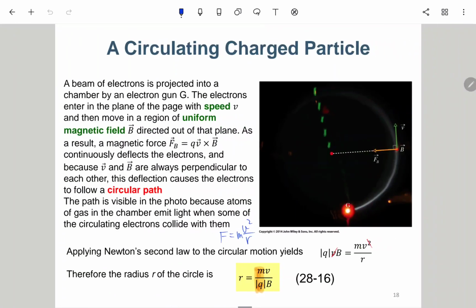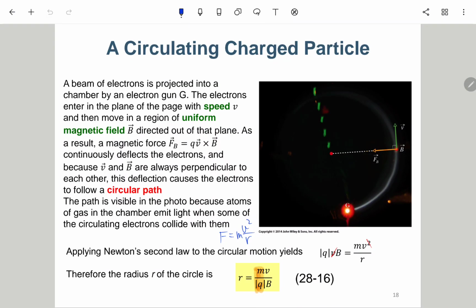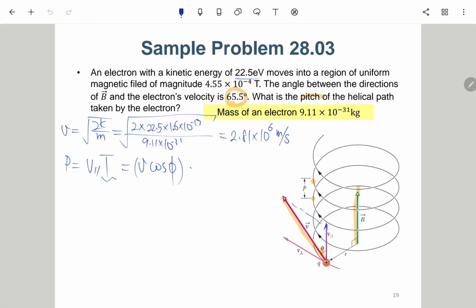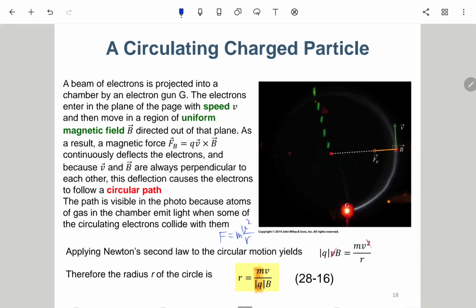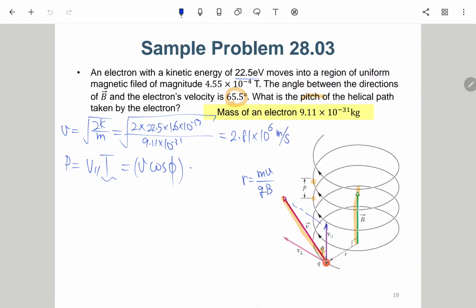Just now we know that r equals mv over qB. The period will be 2 pi r over v, so we will have 2 pi mv over qB, all over v.